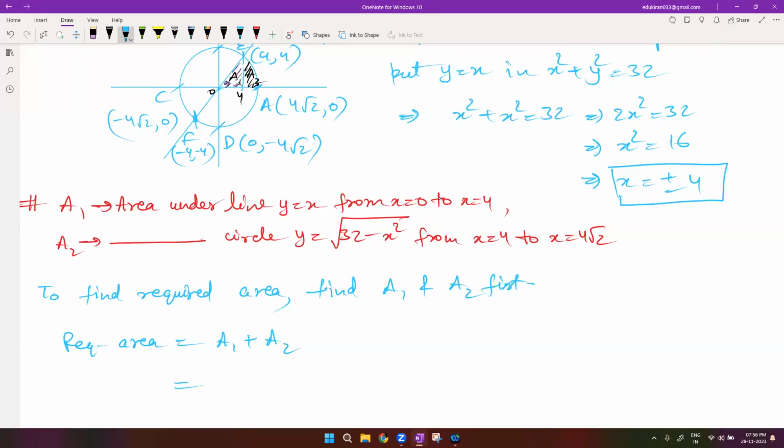What is A1? A1 is the area under this line y equals x. So I have to integrate x from 0 to 4. And then what is A2? The area under the curve, the area under the circle. What is the circle? Root of 32 minus x square. Integrate this from 4 to 4 root 2. This will be your required area.